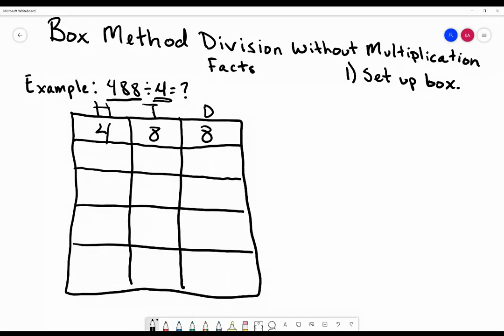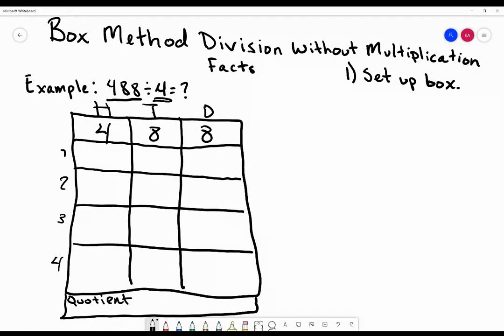So we have 1 group, 2 groups, 3 groups, 4 groups. And down here at the bottom, I am going to give myself a little section to record my quotient, which of course is our answer to the division problem.